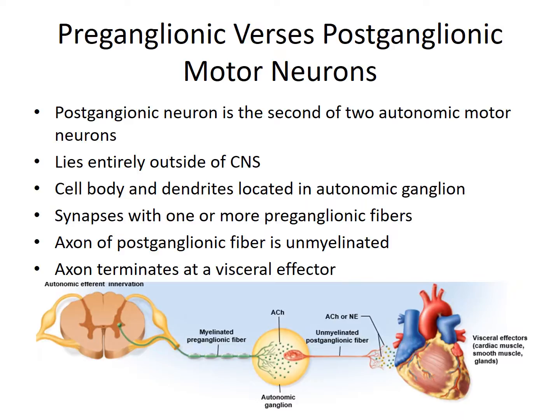The axon is unmyelinated, and the axon of the postganglionic fiber will terminate with the visceral effectors. Remember what the visceral effectors are in the autonomic nervous system: smooth muscle, cardiac muscle, or glands.